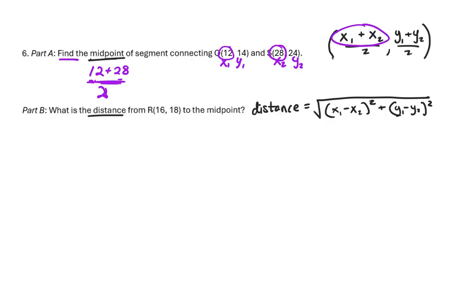I'll do the same thing with my y's. I'll add them together. 14 plus 24. And I'll divide by 2. And that'll be the coordinates of my new midpoint. All right, so 12 plus 28. When I add those together, I get 40 divided by 2. And when I add 14 and 24 together, I get 38 divided by 2.